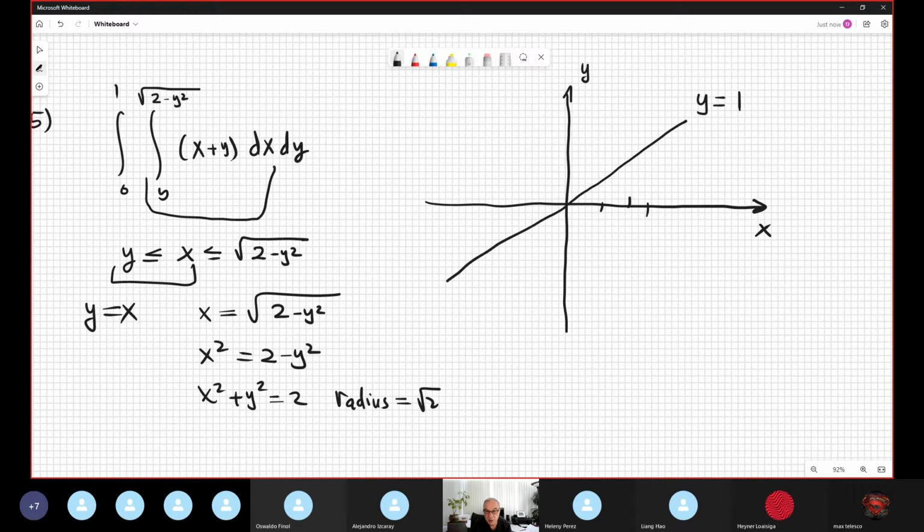Well, now the y value varies from 0 to 1. Okay, the last limit, y. But actually, this is a fourth of the circle, or half of the circle. What part, the top, the bottom, the right, the left? What do you think?